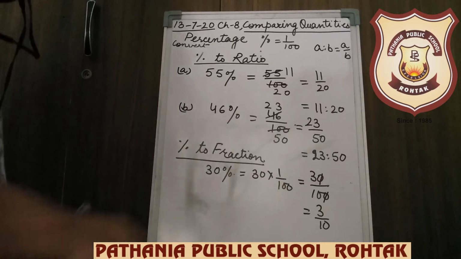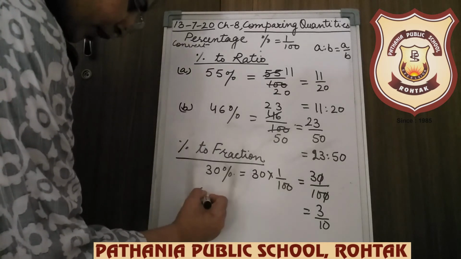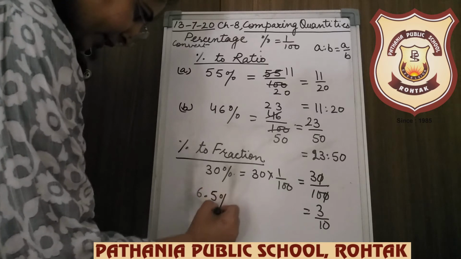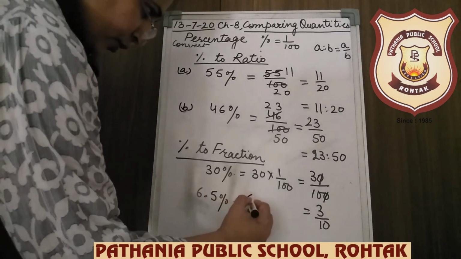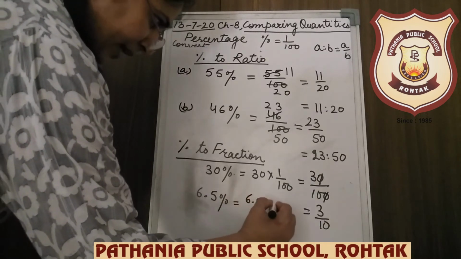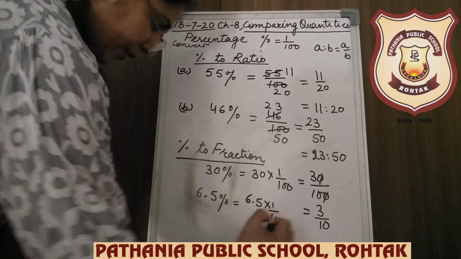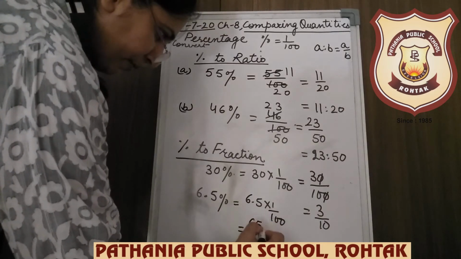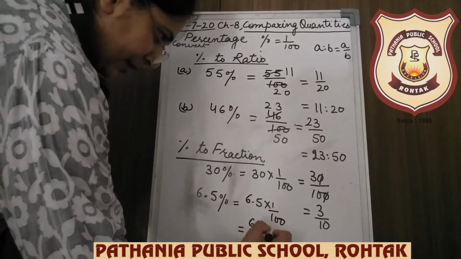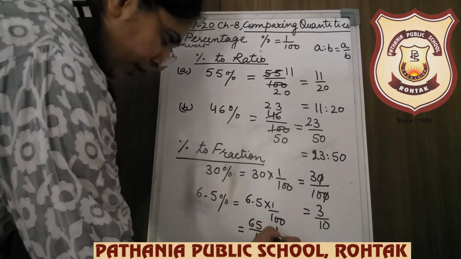One more example. Suppose you are given 6.5%. Convert this into fraction. So 6.5 multiplied by 1 upon 100. 6.5 means 65 upon 10 multiplied by 1 upon 100.